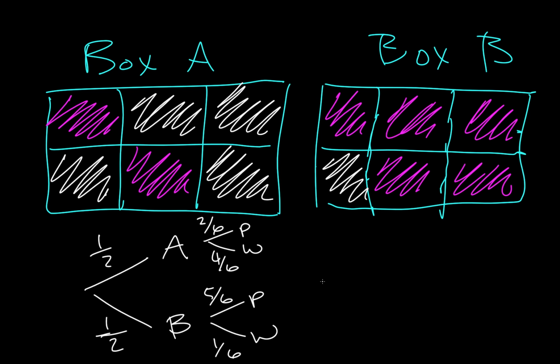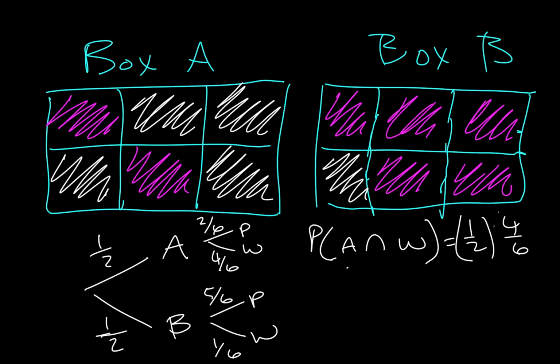We want the probability that we're A and white. The probability of A is 1/2 and white would be 4/6, so it's 1/2 times 4/6. We multiply those together and get 4/12, which gives us 1/3.